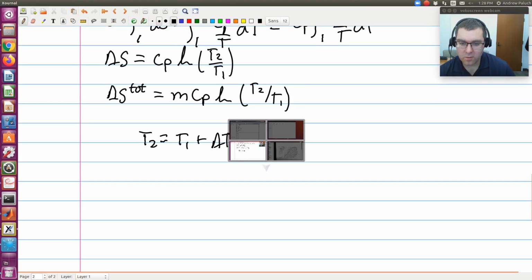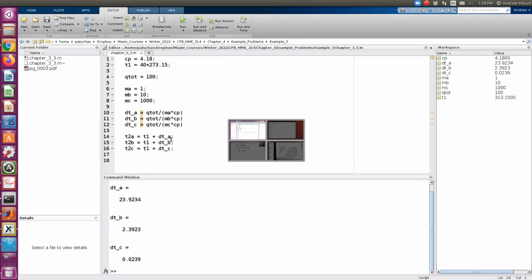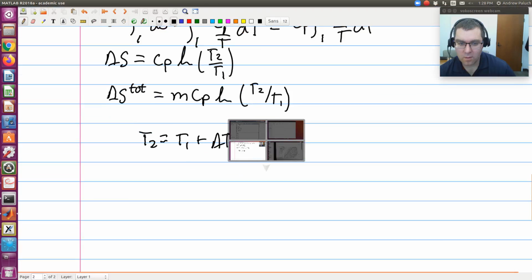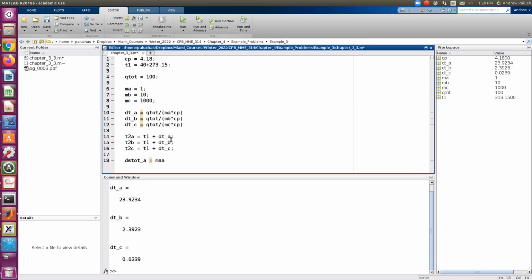Then I'm going to get entropy. For case A, it's going to be M for case A times CP times log of T2 for each case divided by T1.